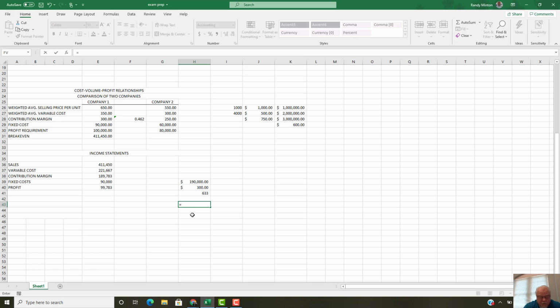So it's equal to this number, which is our fixed cost, plus this number, which is our profit requirement, divided by this number. You notice I get 411,666.67.